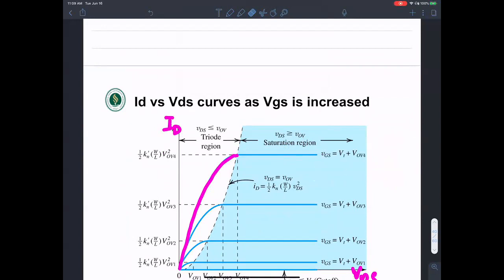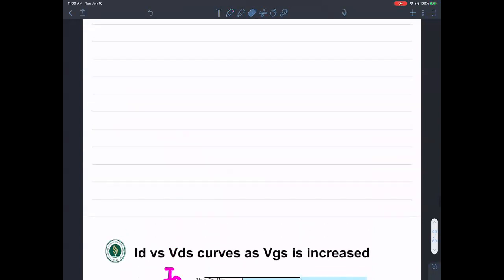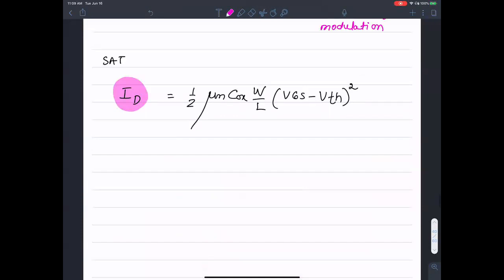That's farther from truth. The idea is that there is still going to be some dependence, and I'm going to show that dependence using a new term, 1 plus lambda VDS. So I'm going to enhance my model to get closer to real world behavior in the saturation region.